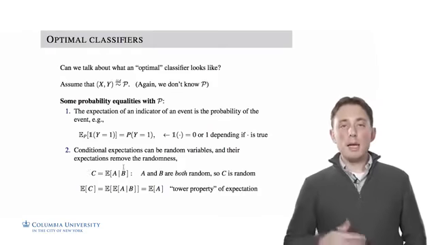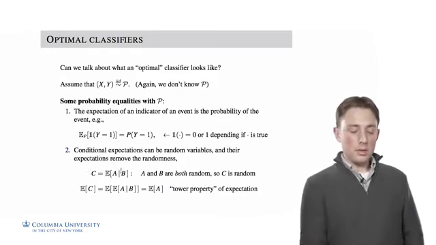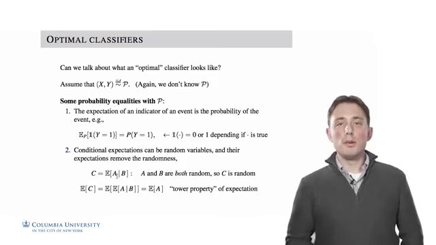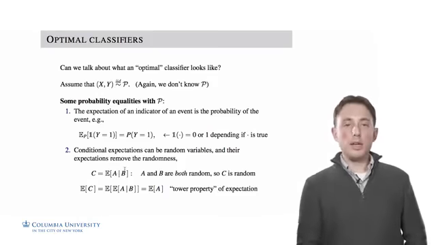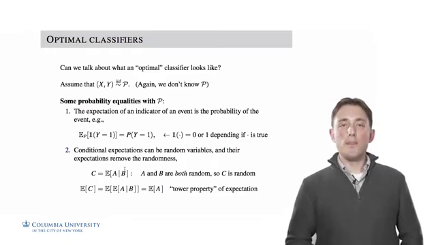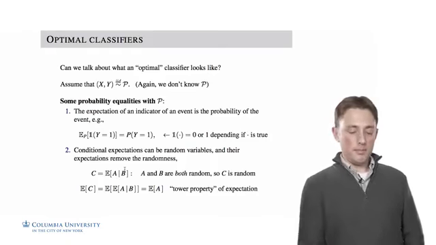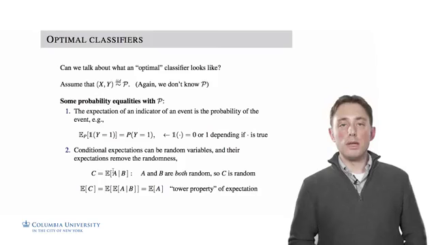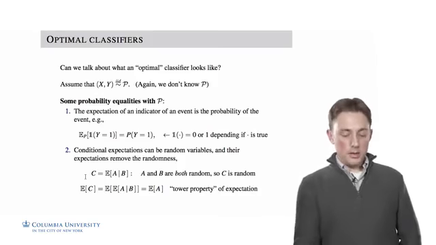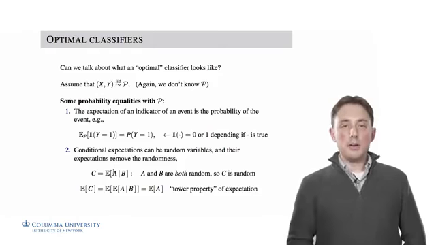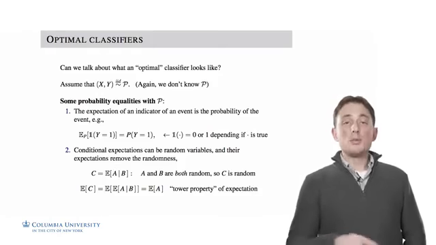However, because B is now a random variable, this expectation also becomes a random variable. So we randomly generate a B, plug it in here, get our expectation of A. But because B is random, this expectation now is also random. However, the expectation of this random variable gets rid of all the randomness.